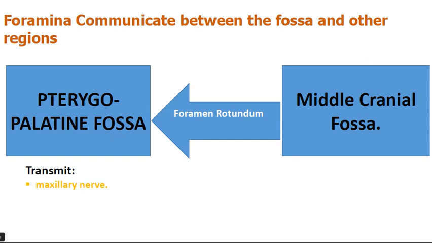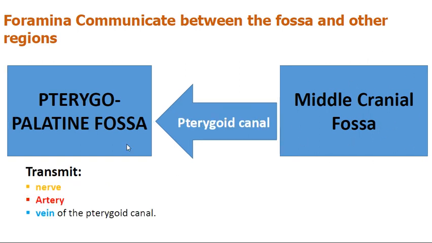So the maxillary nerve is one of the contents of the pterygopalatine fossa. You know that the middle cranial fossa is more superior in level to the pterygopalatine fossa.